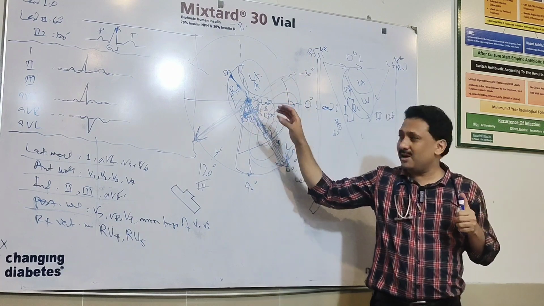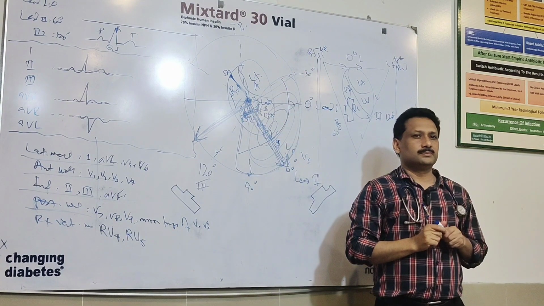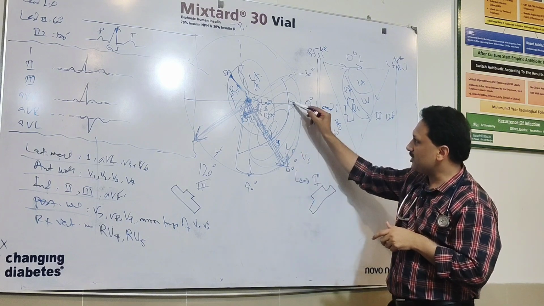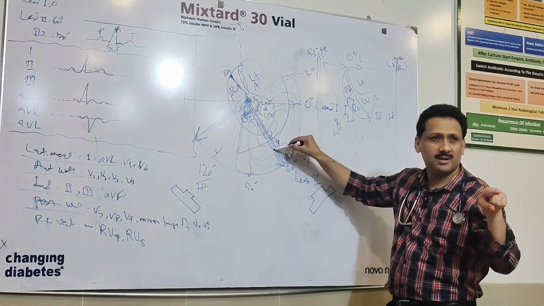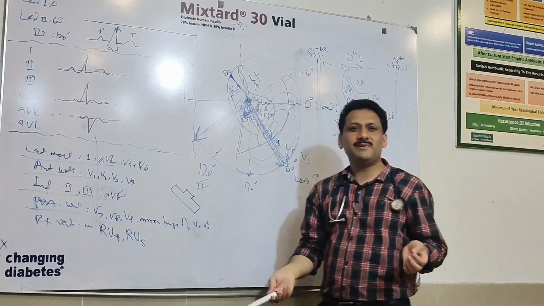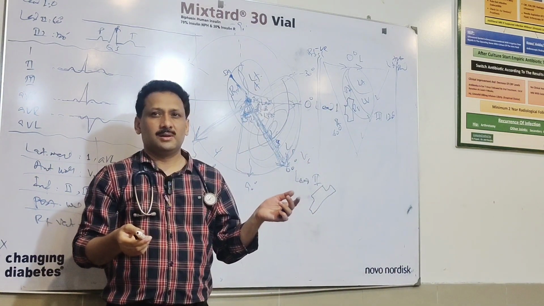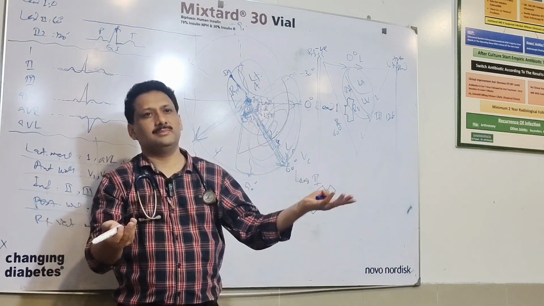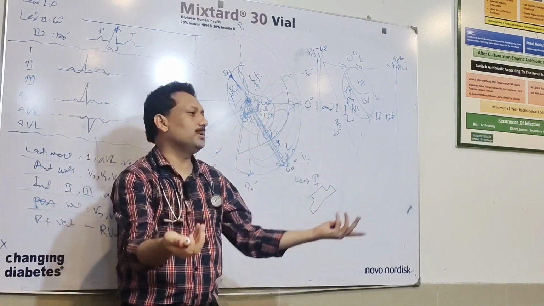So is there some lead which is almost 90 degrees away from it? From this point to this point, 60 degrees. From this point to this point, exactly 90 degrees. Which lead is it? AVL. So AVL is falling right in the center. How should it look? That's the point. Almost half above the baseline, half below the baseline.